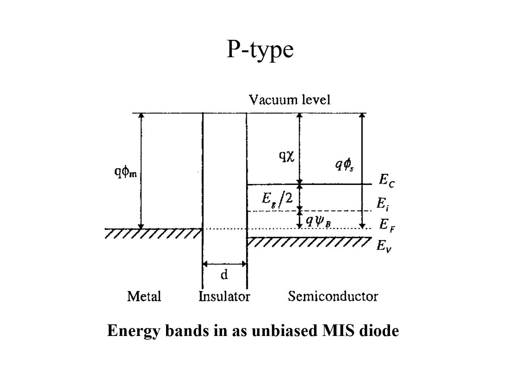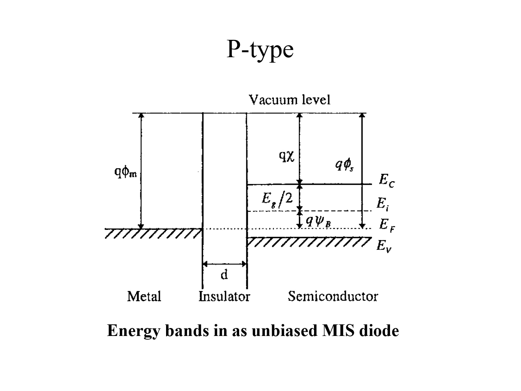This is intrinsic semiconductor energy. This is conduction band energy level. The qx is nothing but the work function of the conduction band. q phi s is the Fermi level work function.